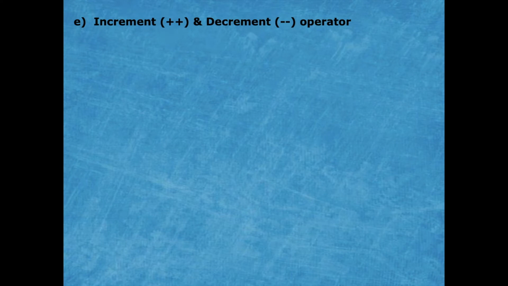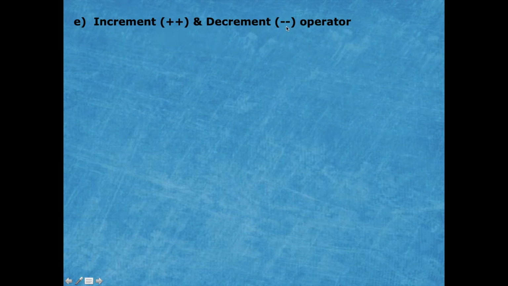So let's get started. The first thing which you need to understand is that increment operator increases the value of its operand by 1 and decrement operator decreases the value of its operand by 1. Except this difference, there is no other difference between increment and decrement operator.